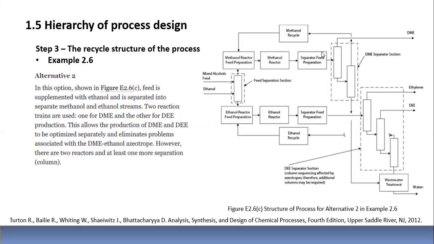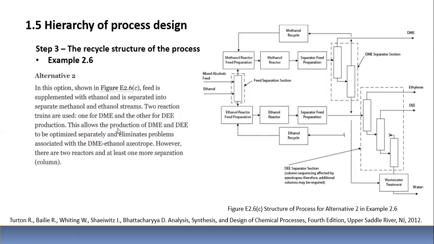La sección, este par de torres, la una en secuencia de la otra, es para la separación de dimetil éter y se obtiene de la primera torre pues el producto deseado. Y como resultado de la línea de etanol, entonces con la separación de etanol se obtiene etileno en una de las torres y dietiléter en la otra torre.